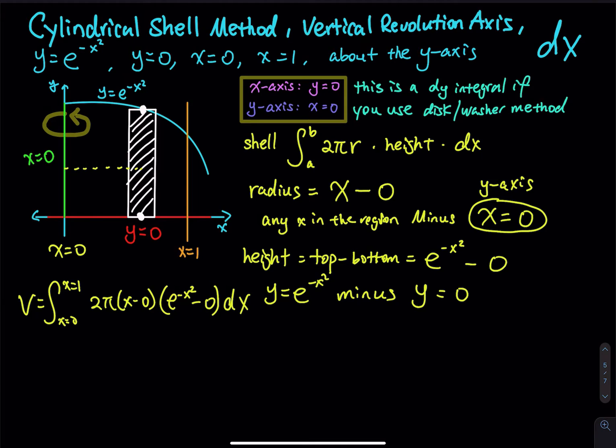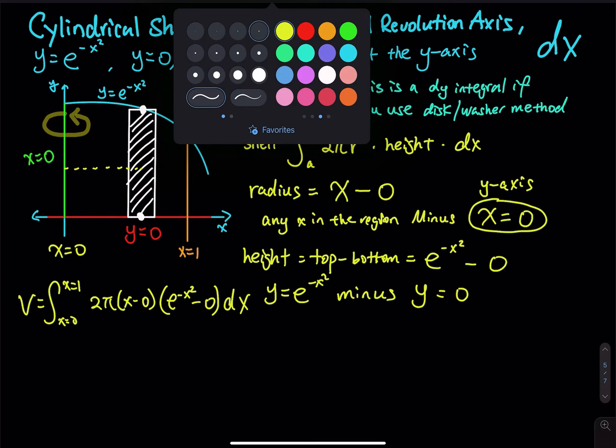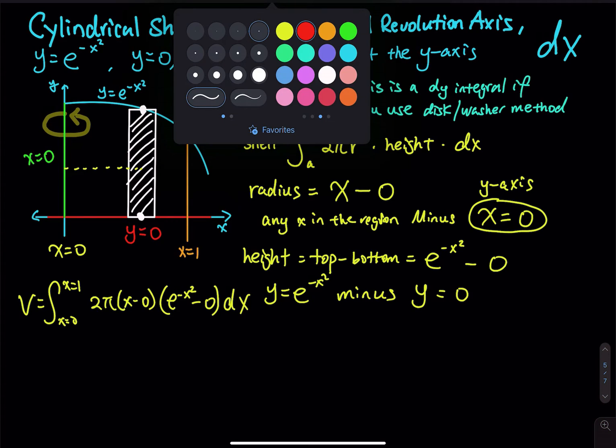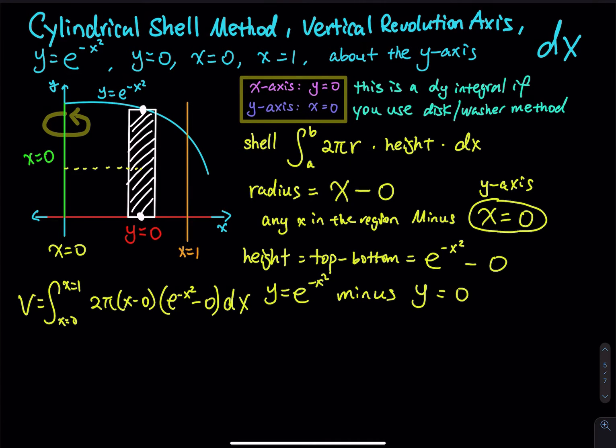And then I know there are a bunch of what ifs. So the what if, I change the revolution axis. Let's pick another color. How about we pick orange, and I want to place a revolution axis right here. So spin about this vertical line. How about x equals 12?